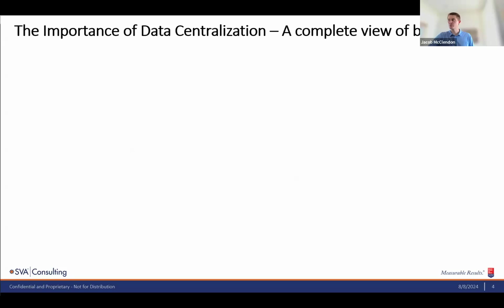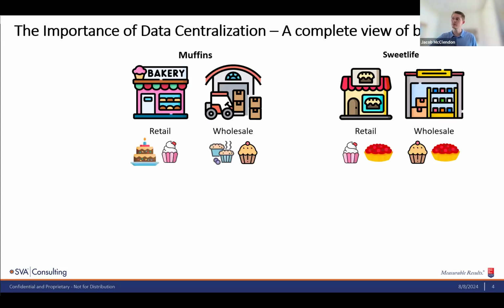From a data centralization perspective, we'll set up a scenario here, and let's pretend that we are a venture company that has several companies underneath us called Muffins and Sweet Life, and they are bakery businesses that have a retail and a wholesale component.